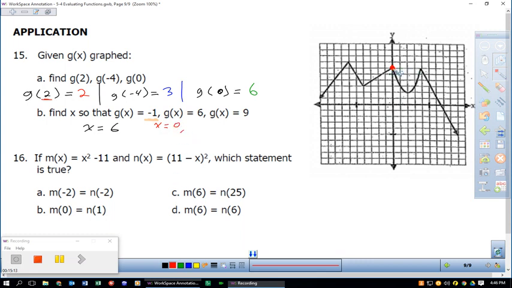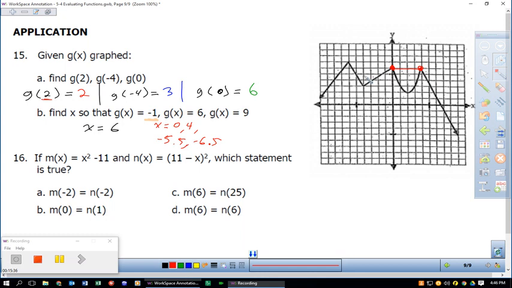But also over here, it's at 6. So that would be, hold on, 1, 2, 3, 4. X equals 4. And actually there are two other places, at negative 5.5 and negative 6.5. It only says find one, so really any of those that you find will work.